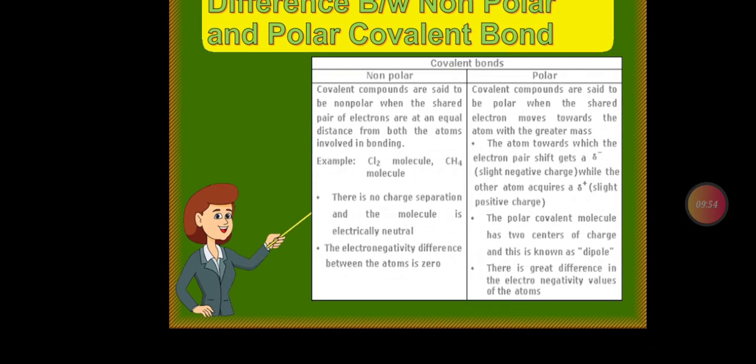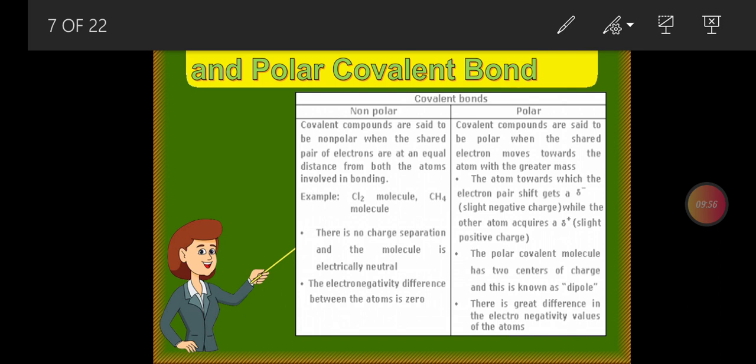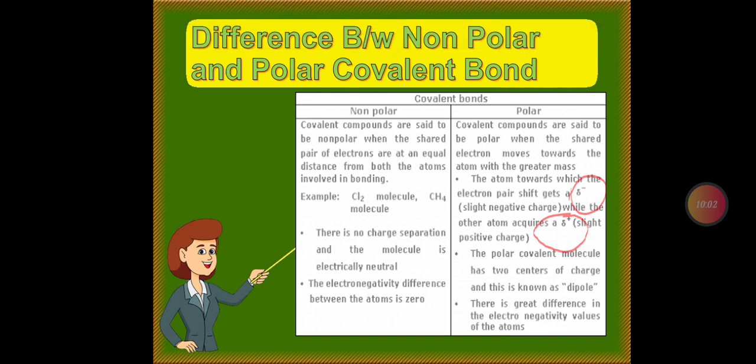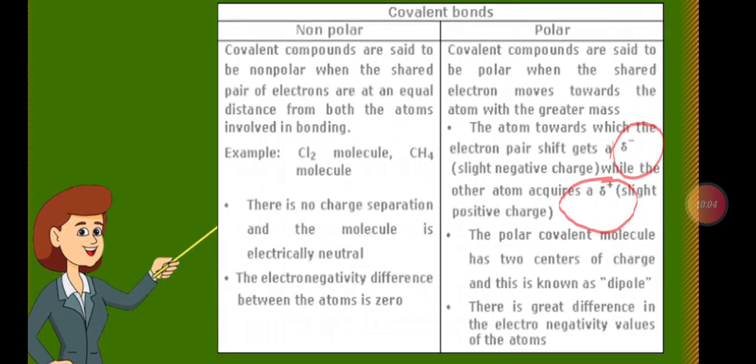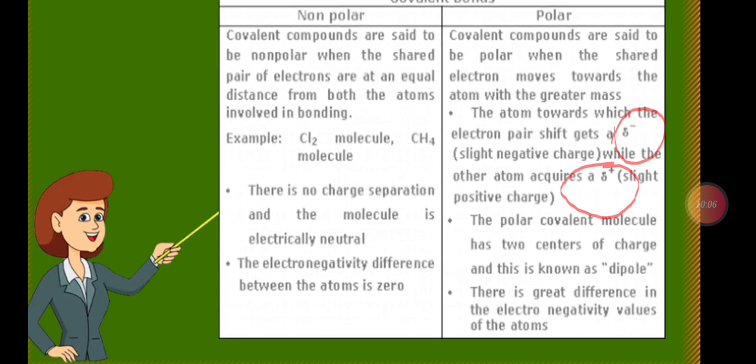The formation of partial negative and partial positive is said to form a dipole, because two poles have been generated, and such a molecule is called a dipole.